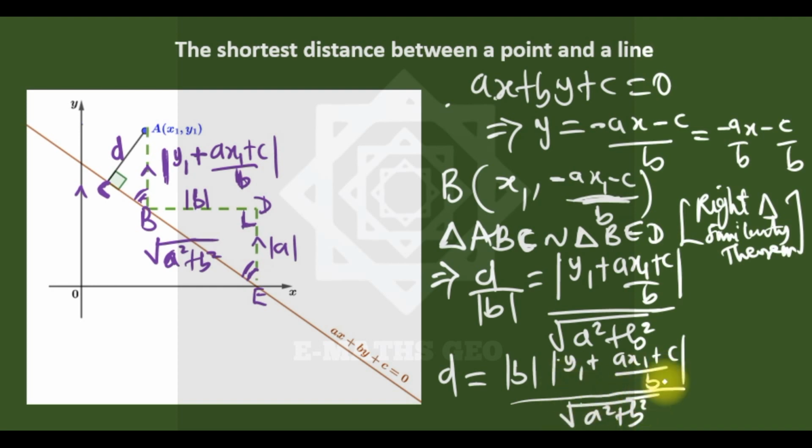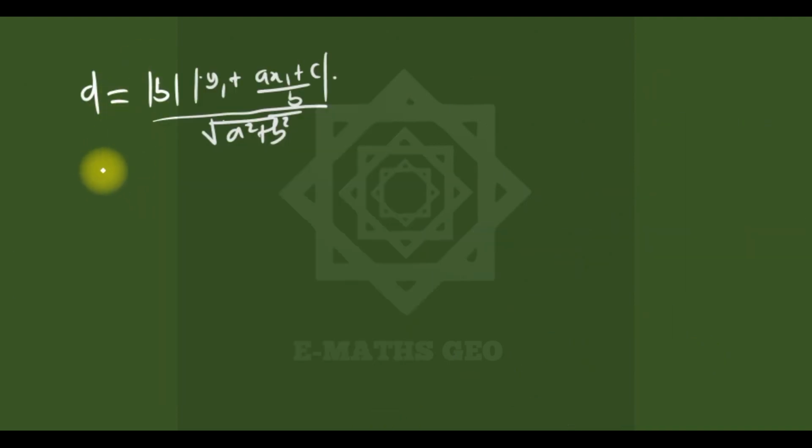And you know b is also absolute, so if we multiply, let me just go to the next line. So we see that D is equal to, we can write this as absolute b times the absolute of this, and b is the same as absolute b, yes.